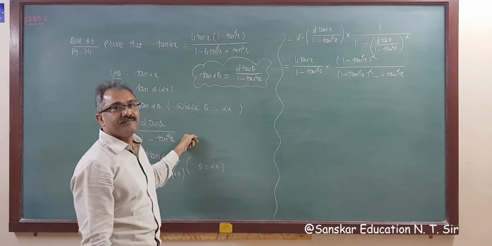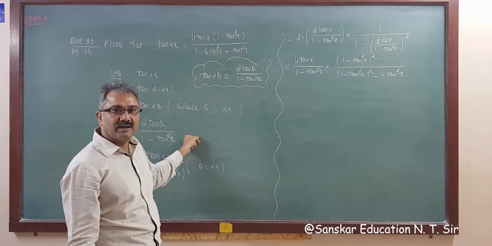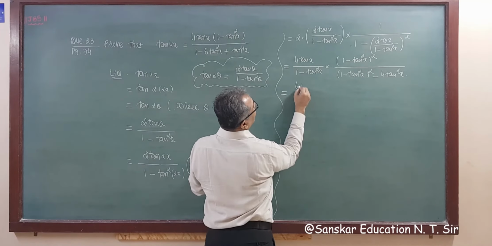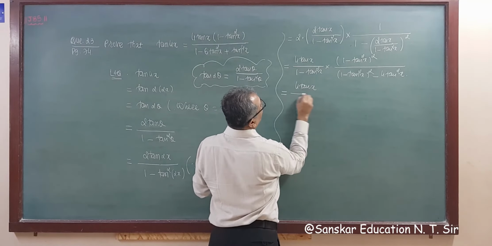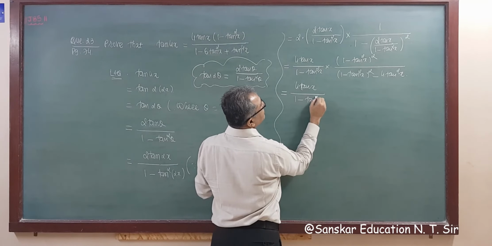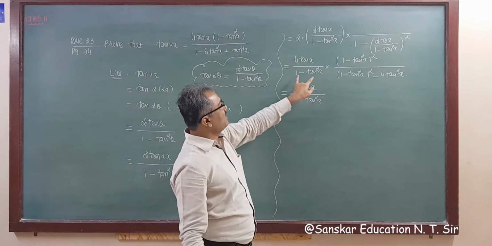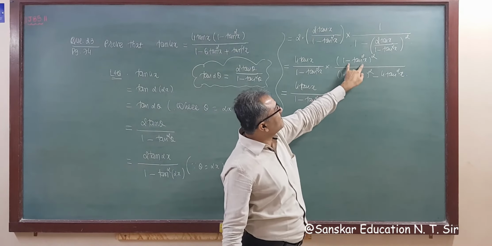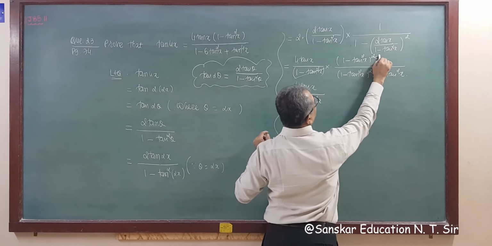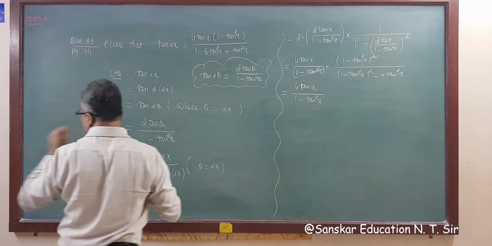Anybody any problem? Right? Now this is 4 tan x whole upon 1 minus tan square x. Now this is 1 minus tan square x, and this is 1 minus tan square x whole square. So 1 minus tan square x will be cut. So I am deleting this also.